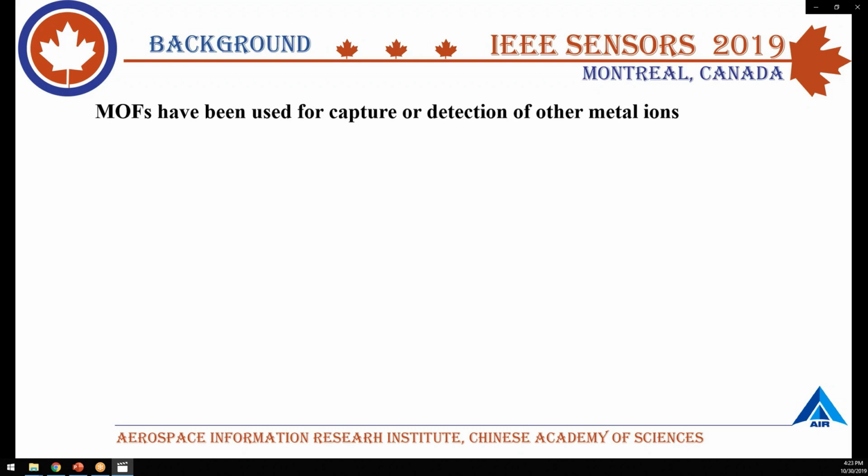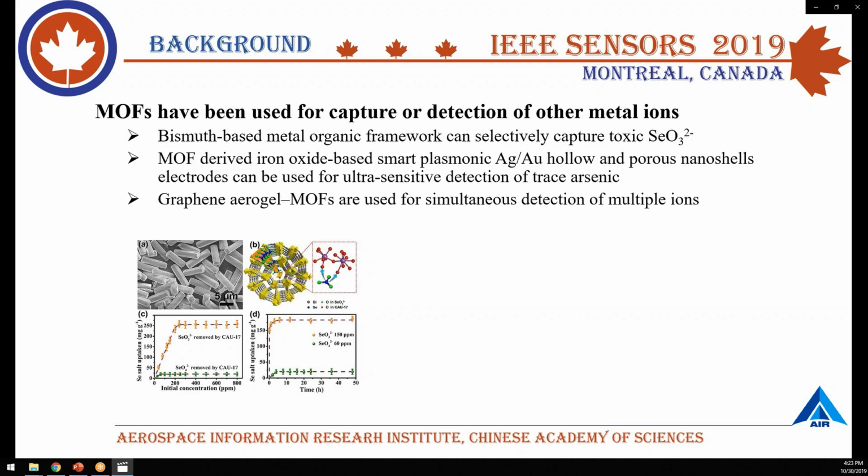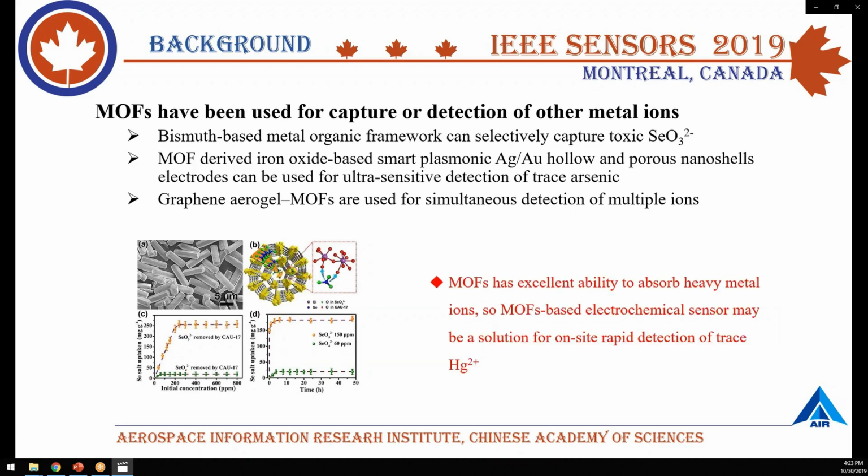And MOFs can be used for detection of multiple ions. These results indicate MOFs have excellent ability to absorb heavy metal ions, so a MOFs-based electrochemical sensor may be a solution for on-site rapid detection of trace mercury.